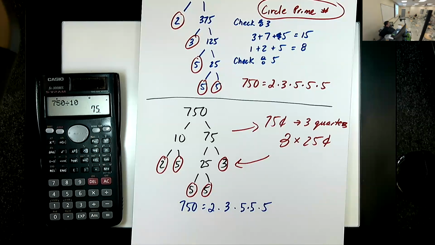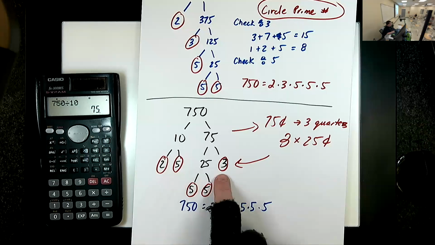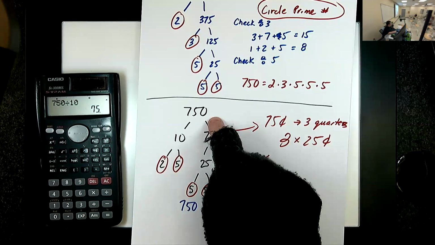Yes, sir. Cody. No matter how you factor it, will the answer always be the same? Yes. If you factor all the way down to the prime numbers. There's no way I would ever look at this and think it, but 2 times 3 is 6, which means 6 goes into this.